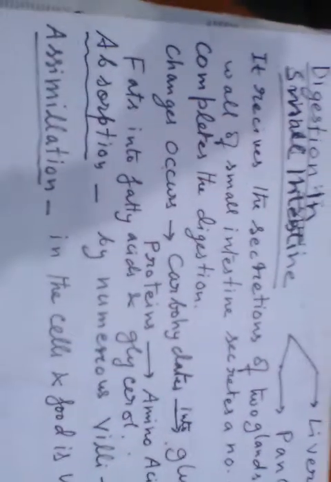Students, in the early classes we have already discussed the digestion process in human beings. So to continue the process, digestion in the small intestine: as you know, it is the largest part of the alimentary canal, and most of the digestion is done in the small intestine.